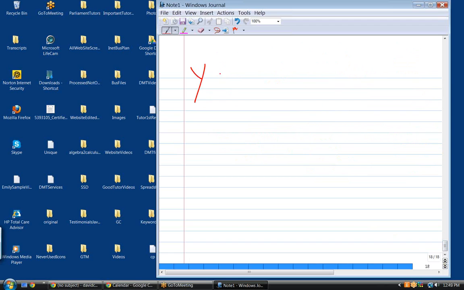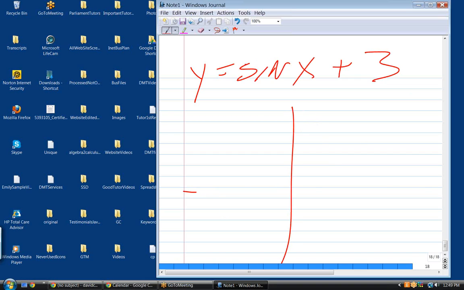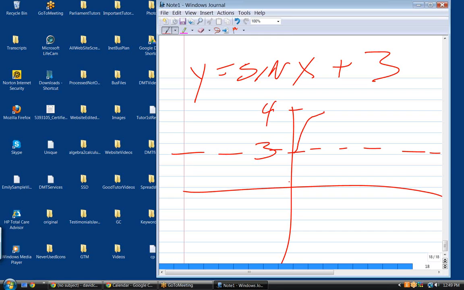In other words, if I said y equals sine of x plus 3, instead of drawing this thing about the x-axis, I'm going to move up 3 units, draw a new line of symmetry, horizontal, and graph it like this. I'm going to go up to 4 and down to 2, like that.